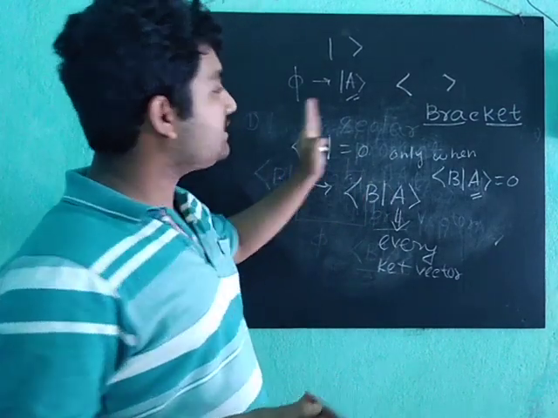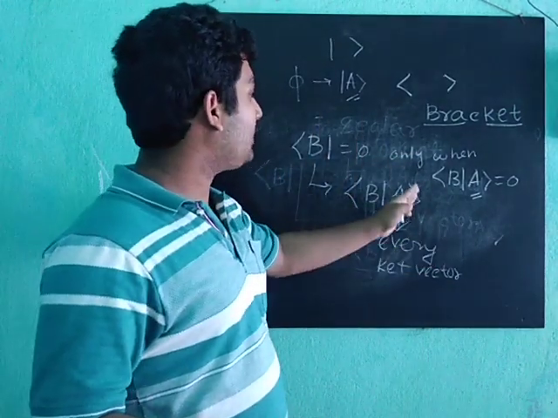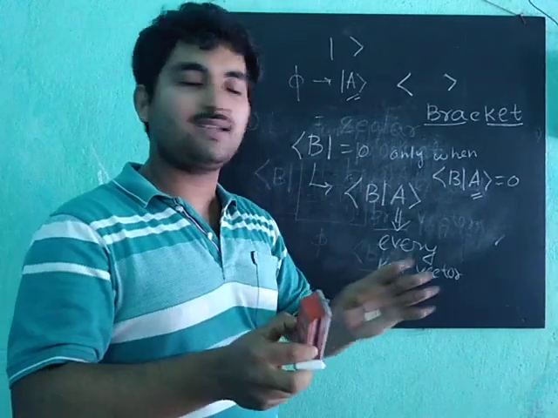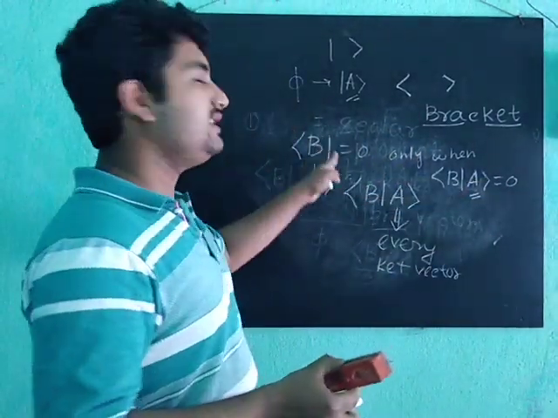So a bra vector is 0 only when the scalar product of this vector with every possible ket vector becomes 0.